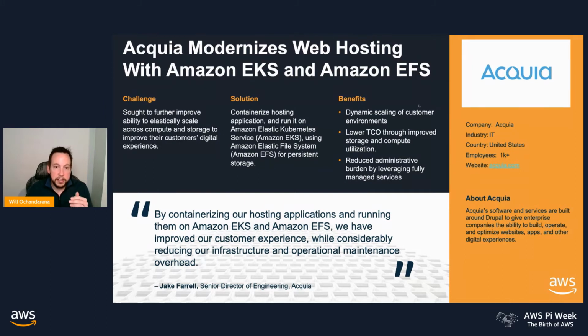They use EFS and Aurora Serverless, and they really simplified their overall architecture by using these serverless services and enabled themselves to scale up and down much easier as an individual customer of theirs had load increases, load decreases.